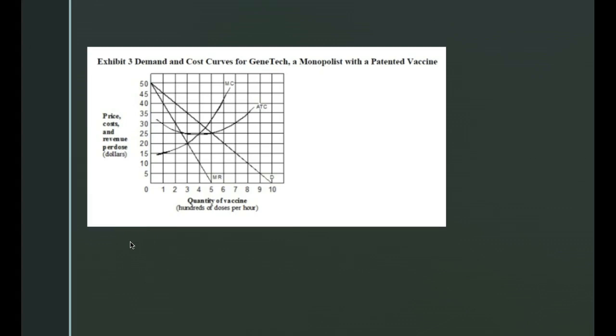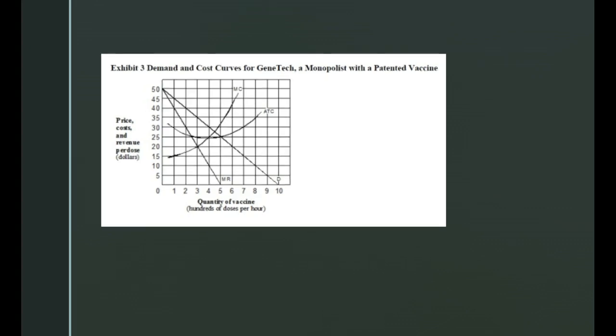So our maximum hourly profit is the quantity of vaccinations times the revenue per dose, or the price, in hundreds, so we can see that it would be 3,000. All right, let's go on and look at the next one.